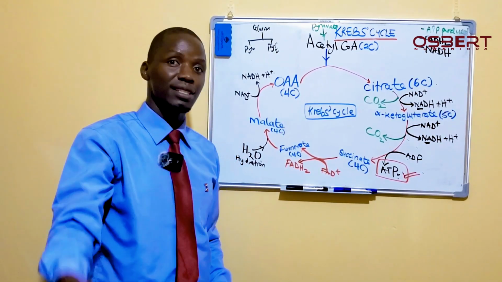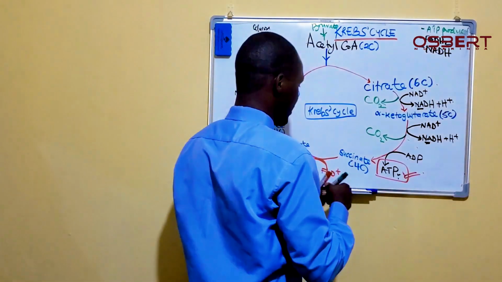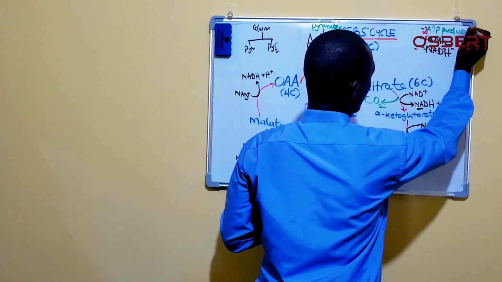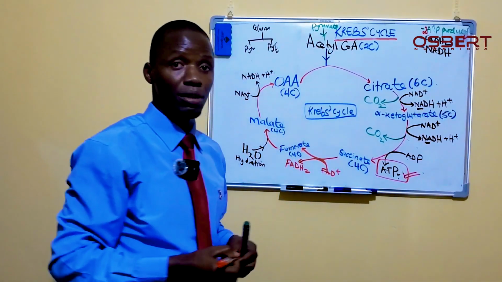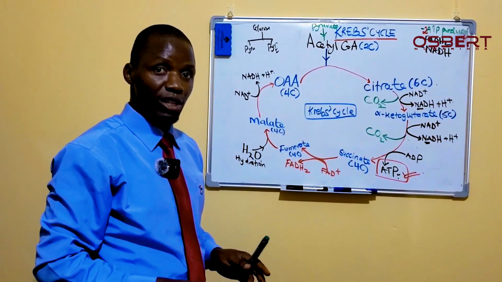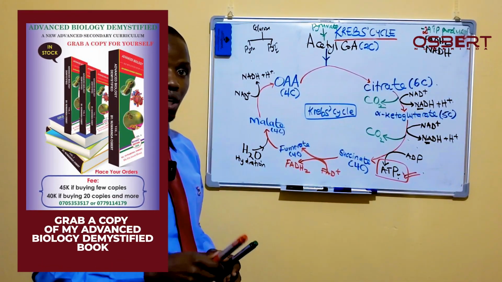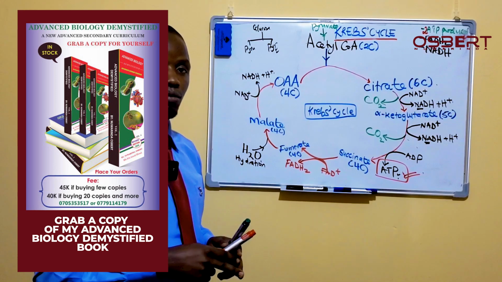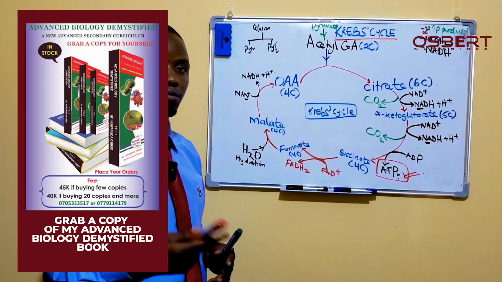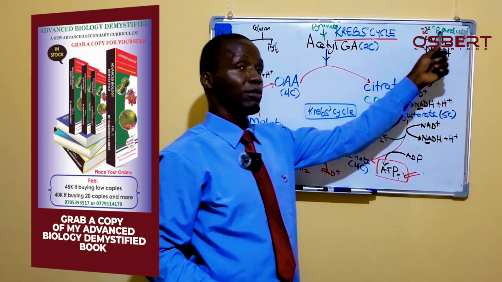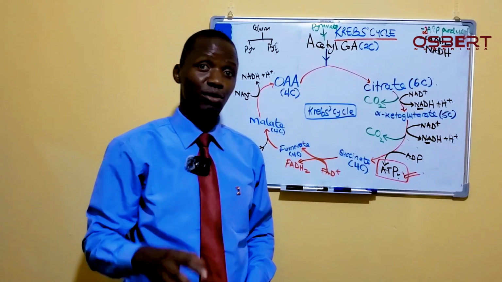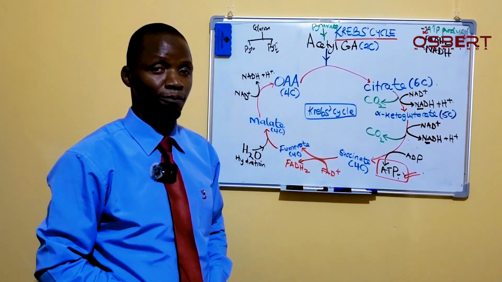And how the two ATPs are being formed, I've explained. In the Krebs cycle, each pyruvate gives us one ATP. But from one glucose, we have two pyruvates. So it will be 1 times 2. If each pyruvate is giving us 1, the total will be 2 ATPs being produced. I hope that is clear. I'm over repeating myself, I know, but that is for the good of you who is watching.